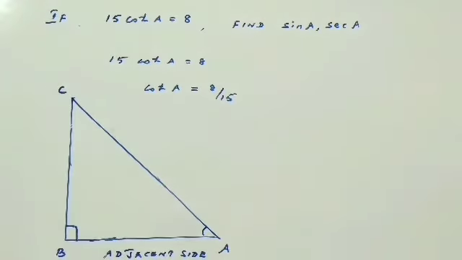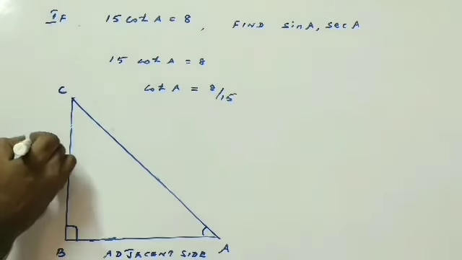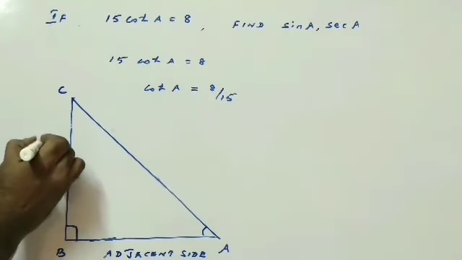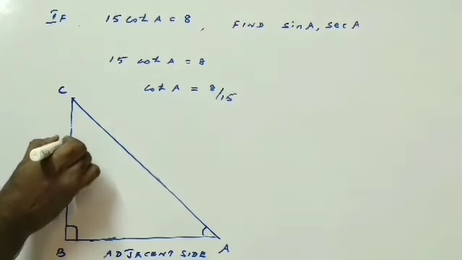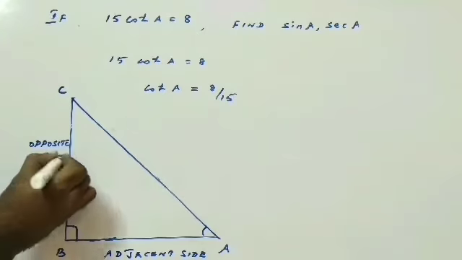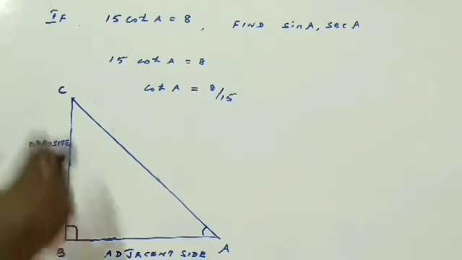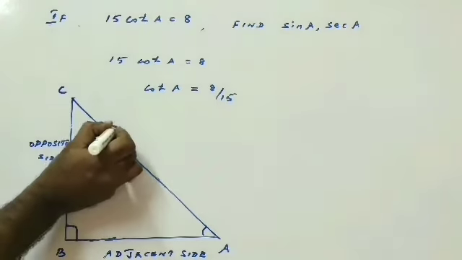Now BC is the vertical side of AB, so that is the opposite side. AC is the slant side, that is the hypotenuse side.